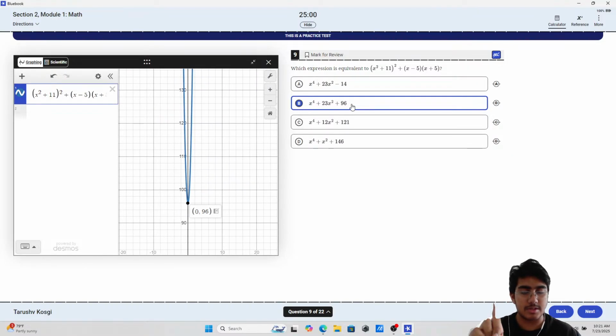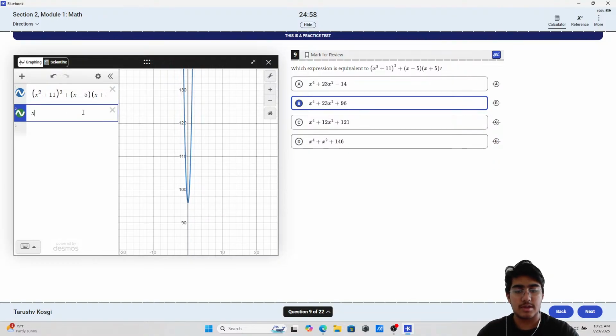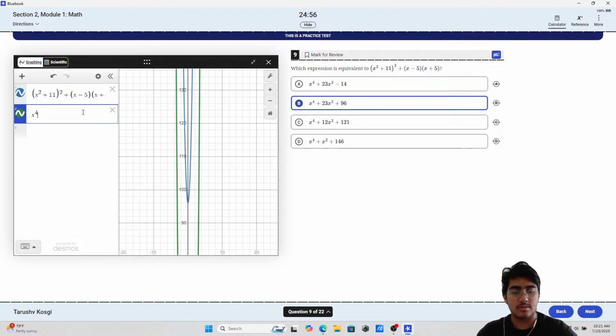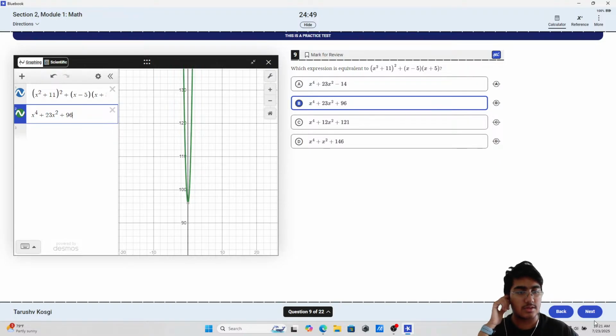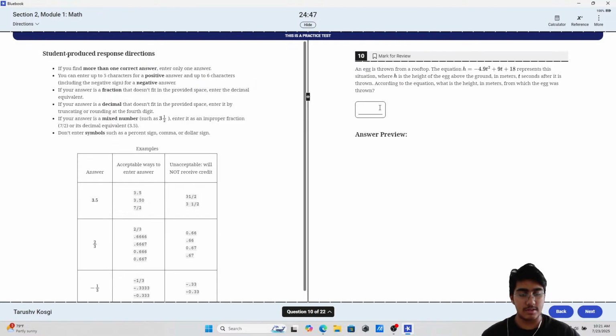So the intercept is at 96. So x to the 4th plus 23x squared plus 96. Yes. Okay. And we did the 96 part right.